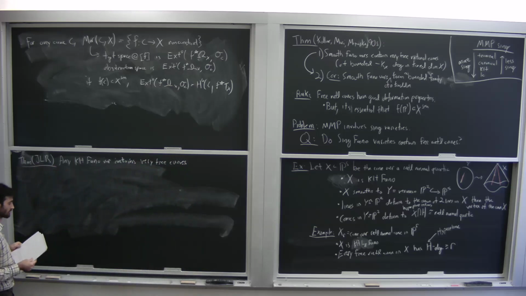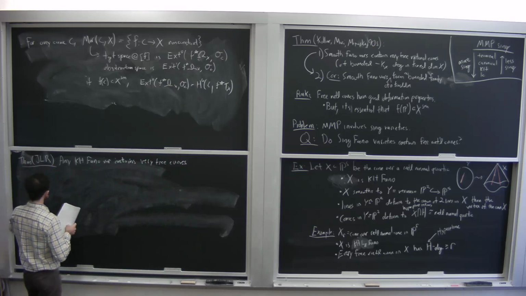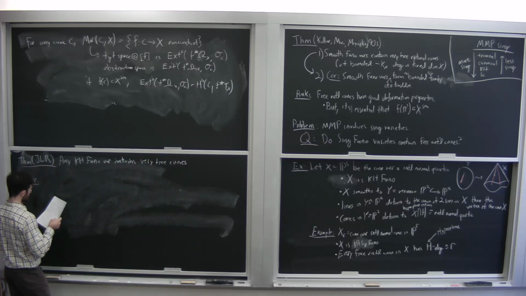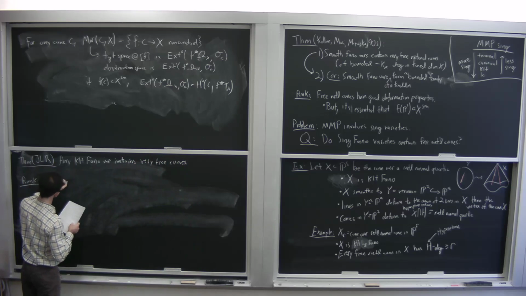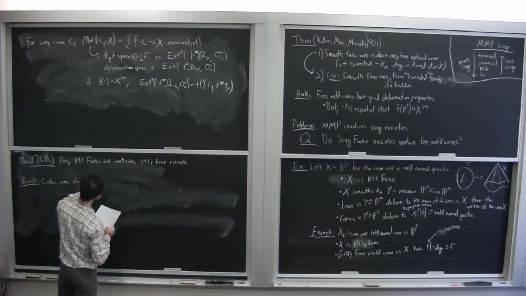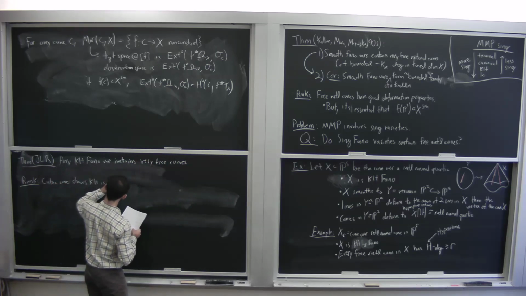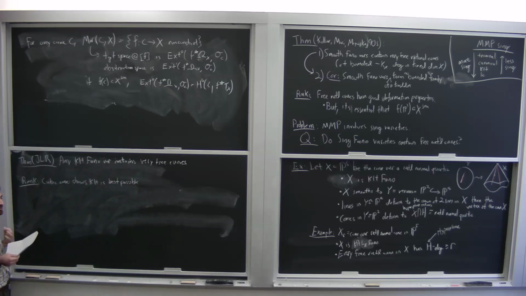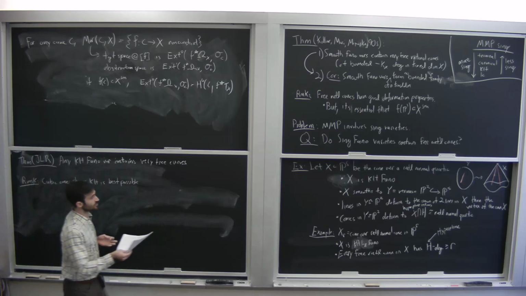So this is our main theorem. And a remark about this theorem is that the cubic cone shows KLT is the best possible result here. What we do is change the problem from containment of a very free rational curve to just containment of any very free curve of any genus. And we see that we can solve the conjecture once we remove the condition that the curve be rational. And the cubic cone shows it's the best possible.